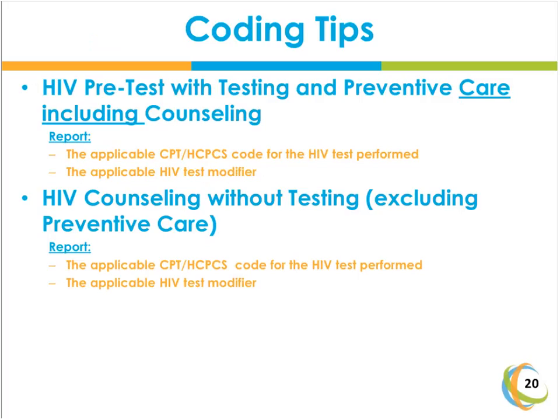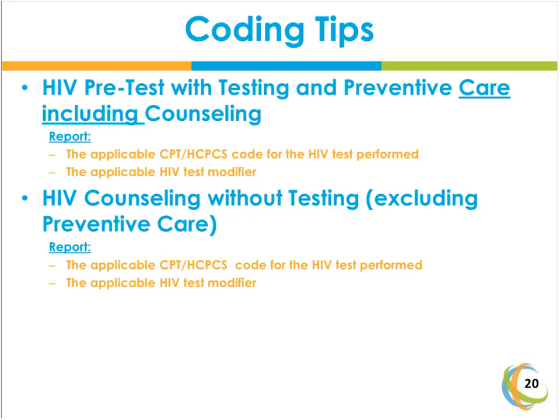Some coding tips. The two coding tips that are outlined on this slide: HIV pre-test with testing and preventative care, including counseling. Report the CPT or the HCPCS code dependent upon the local Medicaid agency, and select the appropriate modifier also based on the local Medicaid agency's guidance.